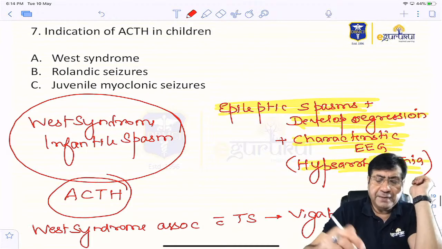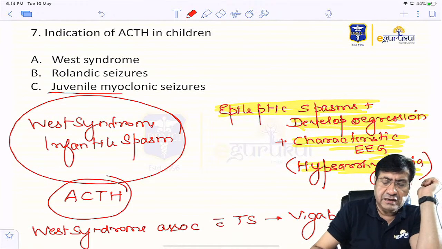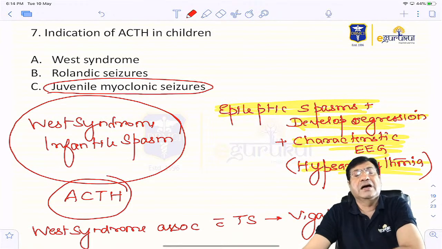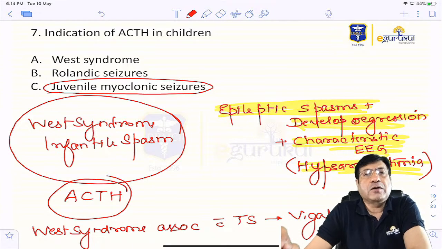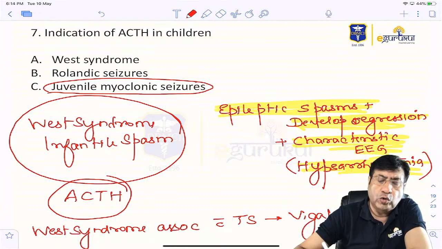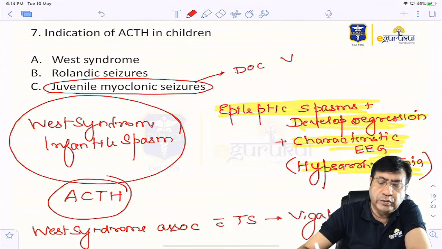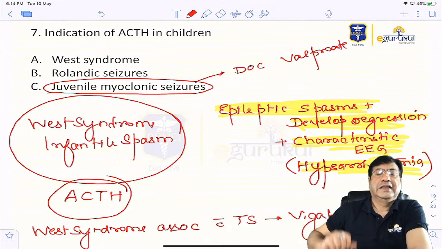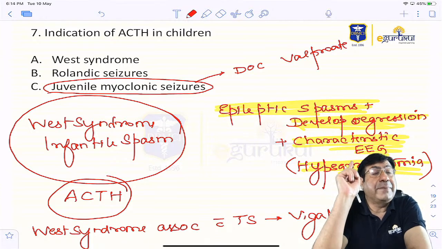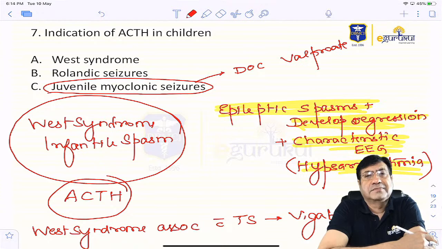Juvenile myoclonic epilepsies we have discussed again in our app also, in our classes also, and juvenile myoclonic epilepsies usually occur in adolescents, and their drug of choice is usually valproate, sodium valproate. These are seizures that occur in the typical early morning hours.